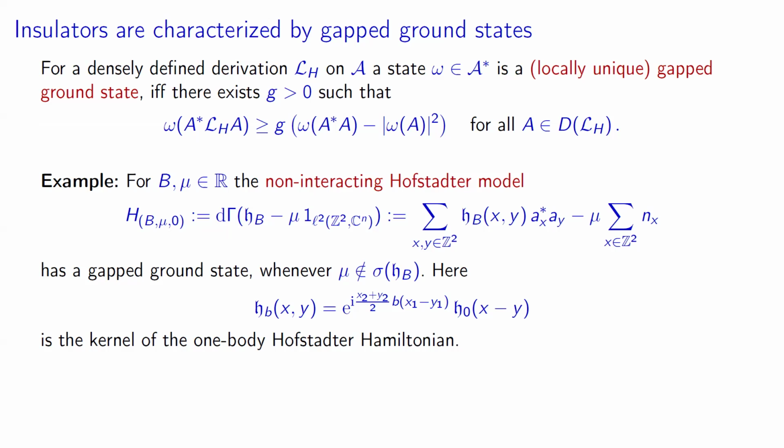H0, in the Hofstadter model, would be just the kernel of the discrete Laplacian without the magnetic field. I just put this here to show you how the magnetic field enters: nearest neighbor hopping.